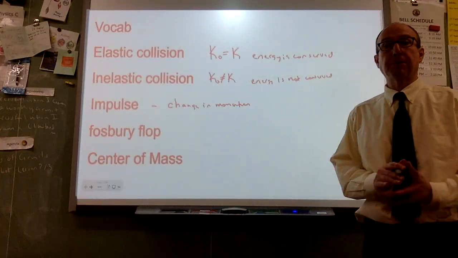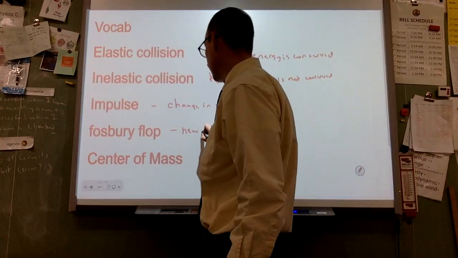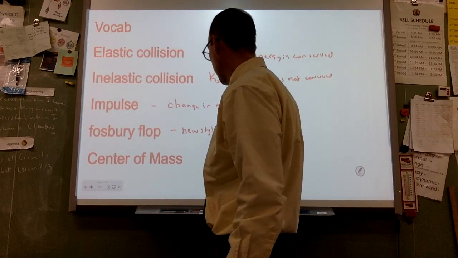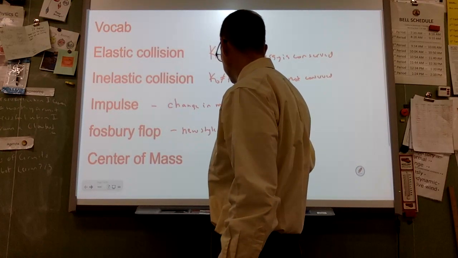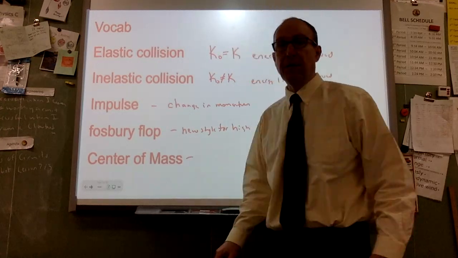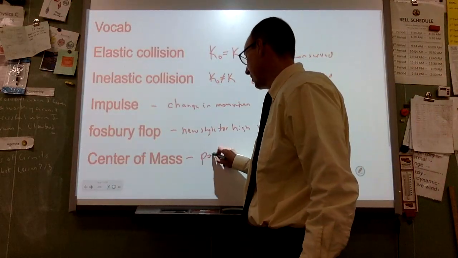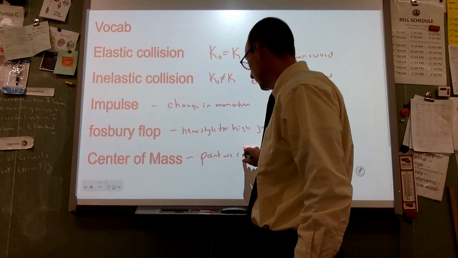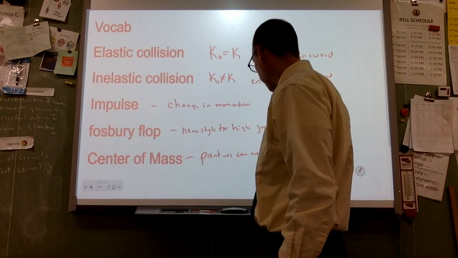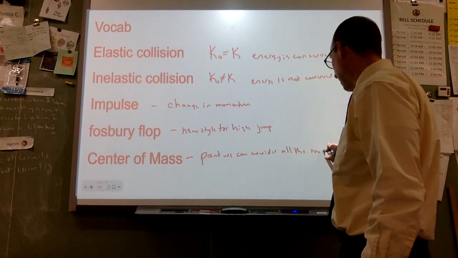The Fosbury flop is going to come up in the center of mass. This was a new style for the high jump. And then center of mass is going to be the point we can consider all the mass to be.